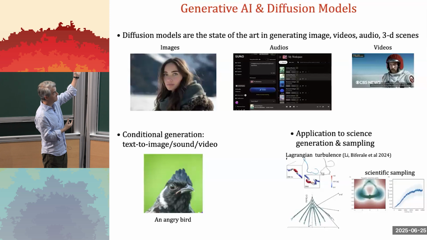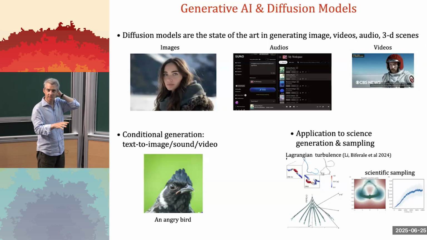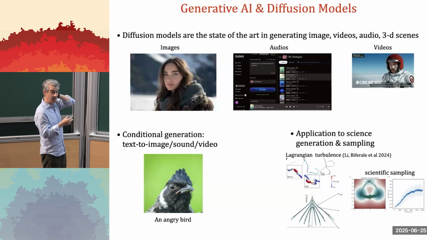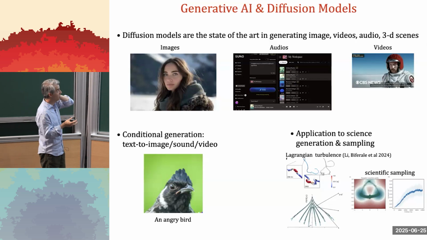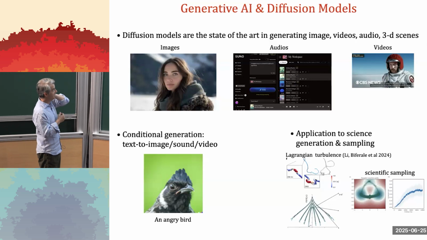Then there is an example of audio. You can try this Suno technique: you type Suno, and then you can create the song that you like with the text that you like, a very faithful song in the style that you want, with a text that is also created from scratch. And now you can do videos.